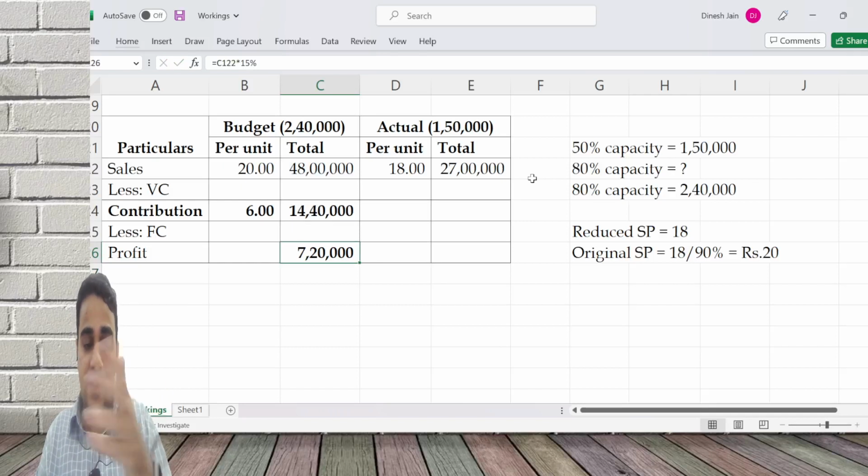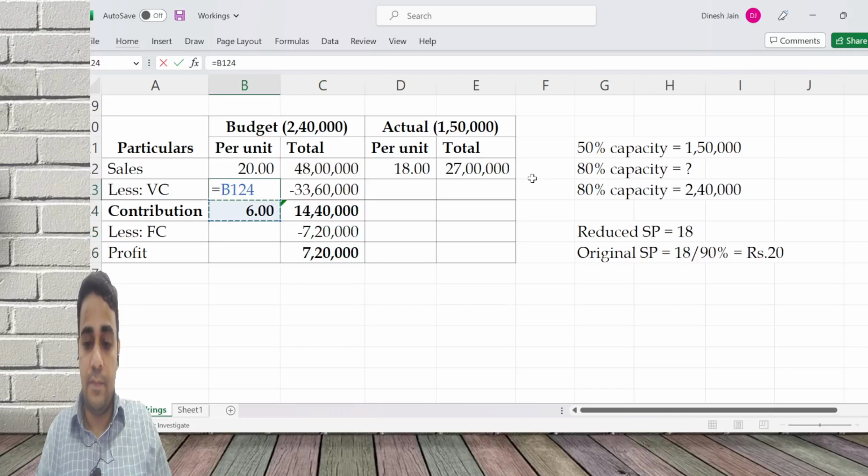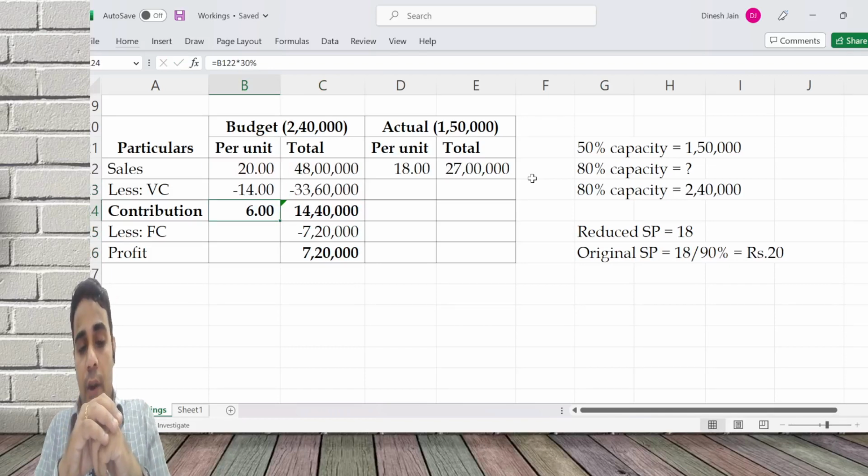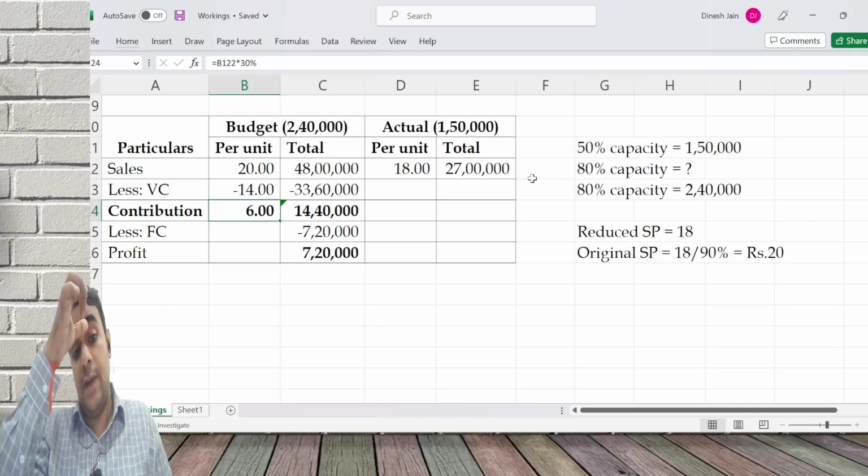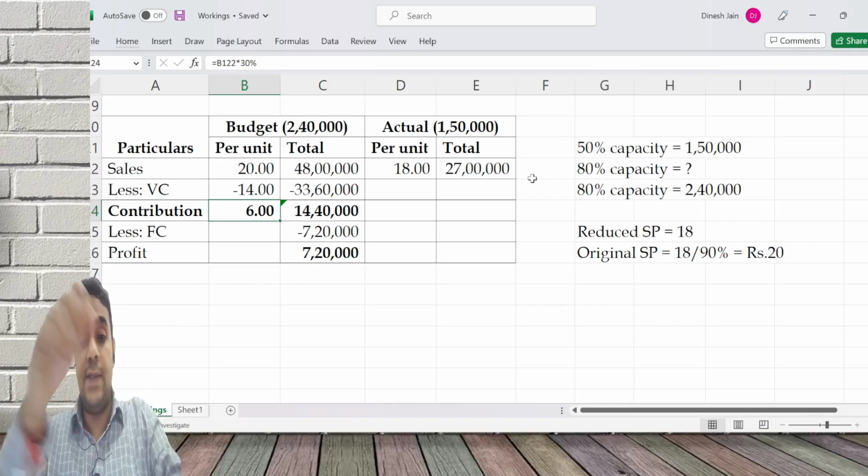Balance is balancing figure. We'll complete this part of the calculation. Contribution 30%, profit 15%. Fixed cost and variable cost are balancing figures.